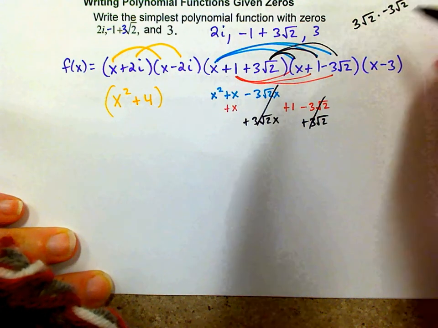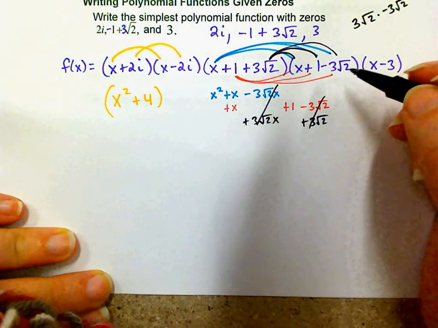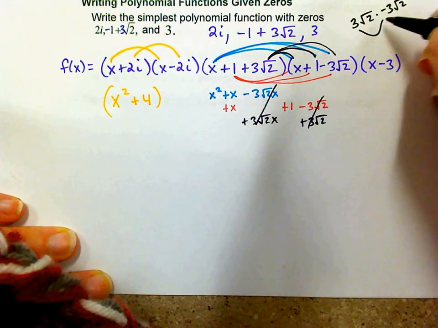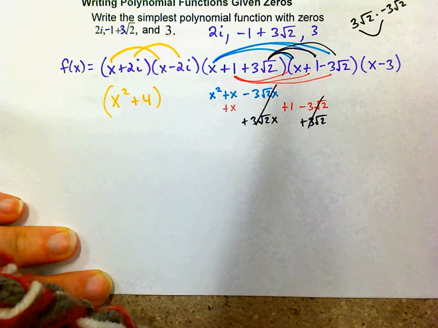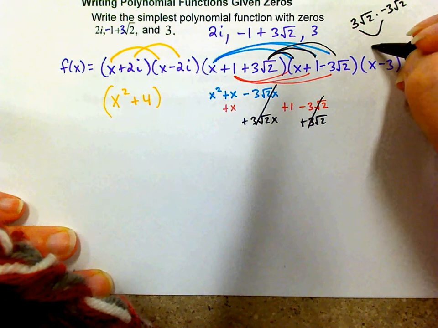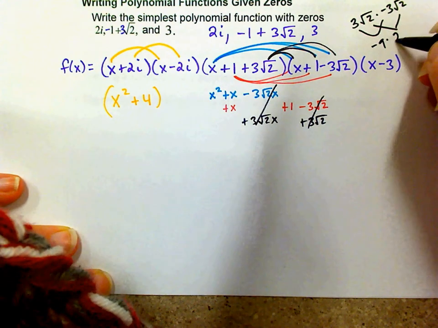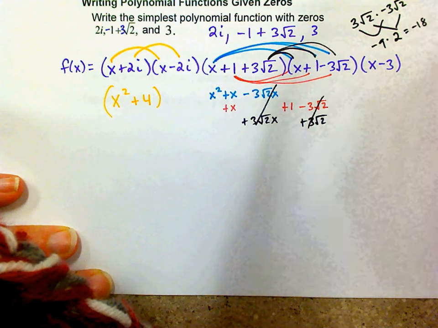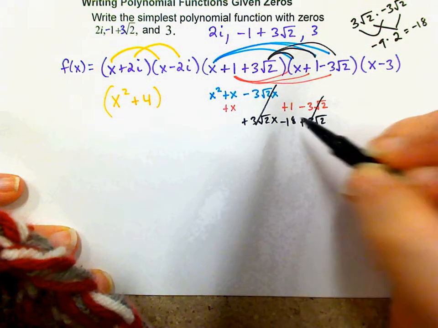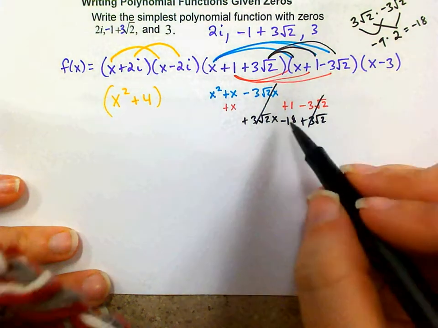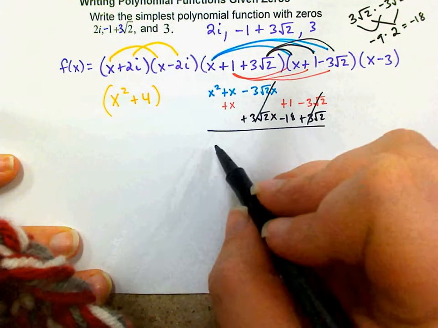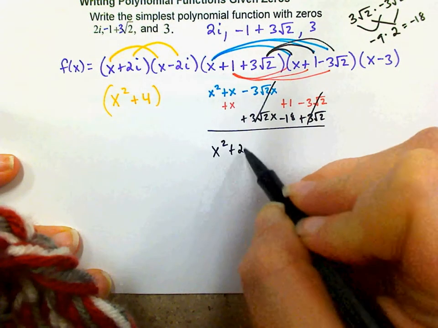Well, I would multiply the coefficients 3 and negative 3, the numbers in front of the radicals. So I've got negative 9 times square root of 2 times square root of 2, which is square root of 4, which is 2, and that gives me a negative 18. So that would be minus 18. And I put it in there because I can combine it with that. So that ends up with x squared plus 2x minus 17.